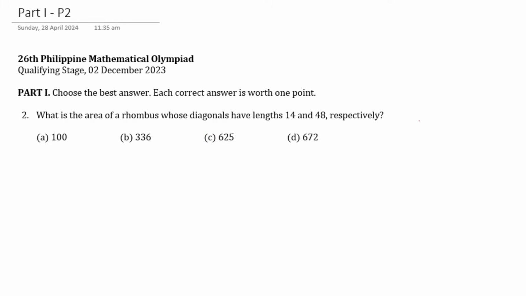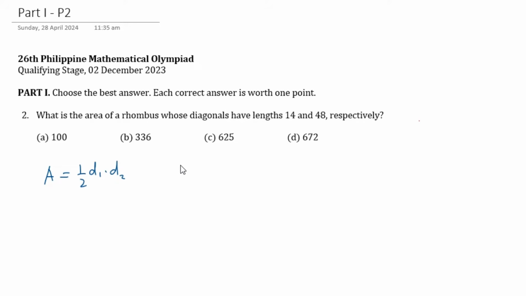Problem number 2. What is the area of a rhombus whose diagonals have lengths 14 and 48 respectively? This is a fairly standard problem, and recall that there is a well-known formula for the area of a rhombus. The area is given by 1/2 times d sub 1 times d sub 2, where d sub 1 and d sub 2 are the diagonals.